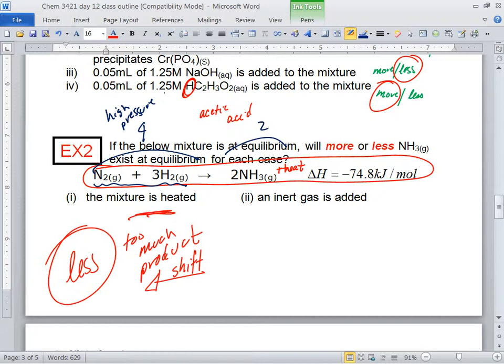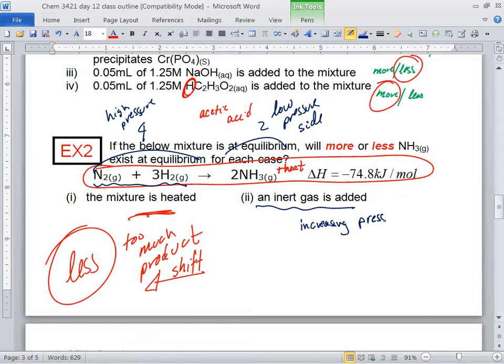Okay. So what we're doing to mess with this system is we're adding an inert gas. All that is doing is just increasing the pressure. It's kind of like taking a piston. But I guess this is just cheaper. How do you write pressure? Increasing pressure.